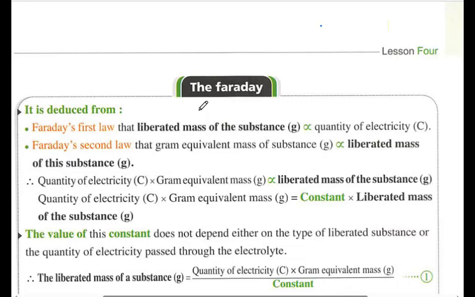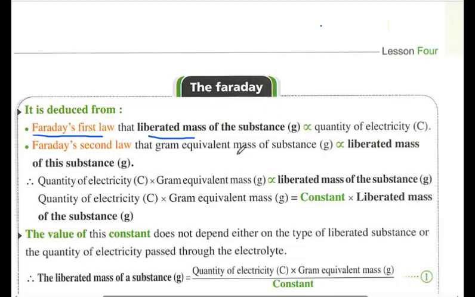In other words, we have from Faraday's first law that the liberated mass of the substance is directly proportional to the quantity of electricity, and the liberated mass of the substance is directly proportional to the equivalent mass of this substance.